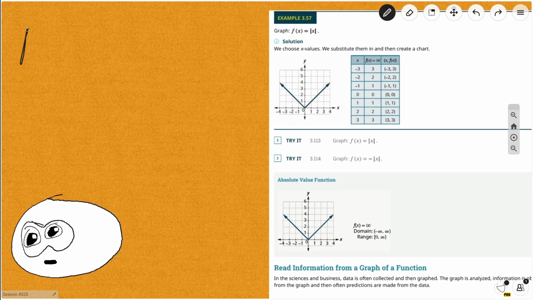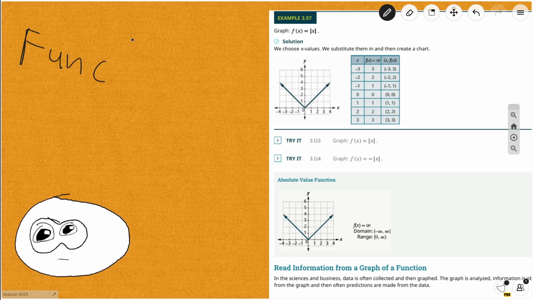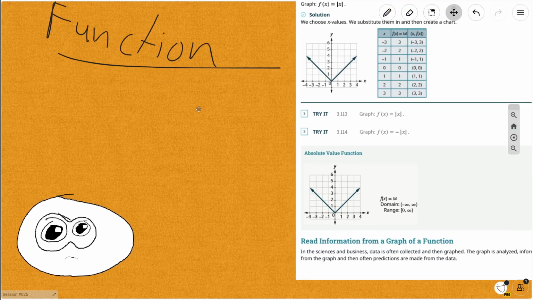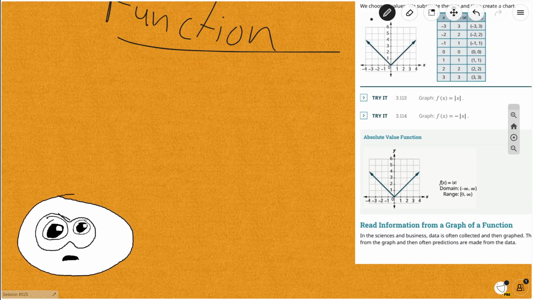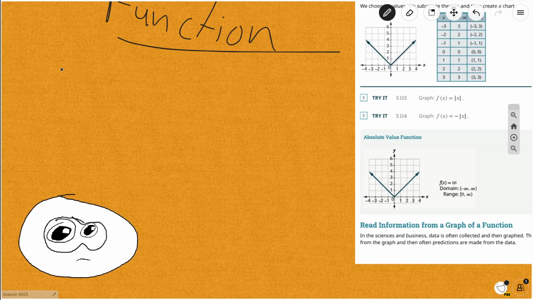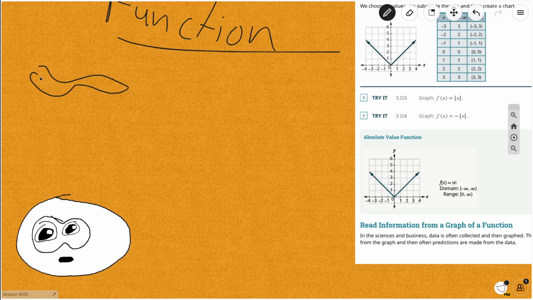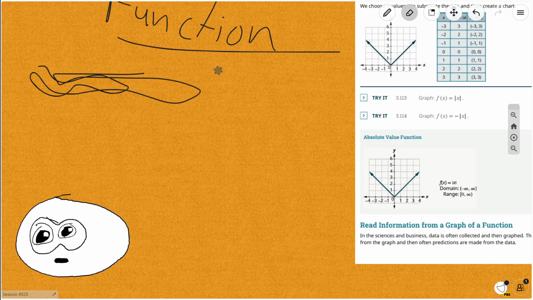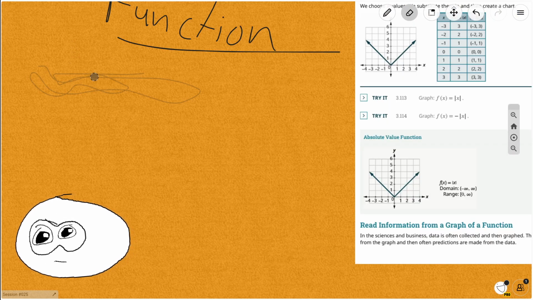So a function is basically a math equation wherein you have values and they make kind of like a shape, right? Now, it's not normally a shape like this. This is actually the wrong way to do a function. So let me just erase that.